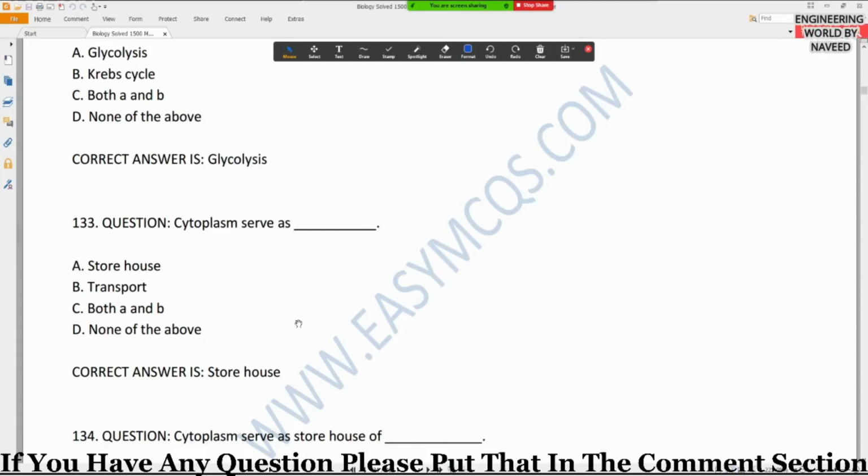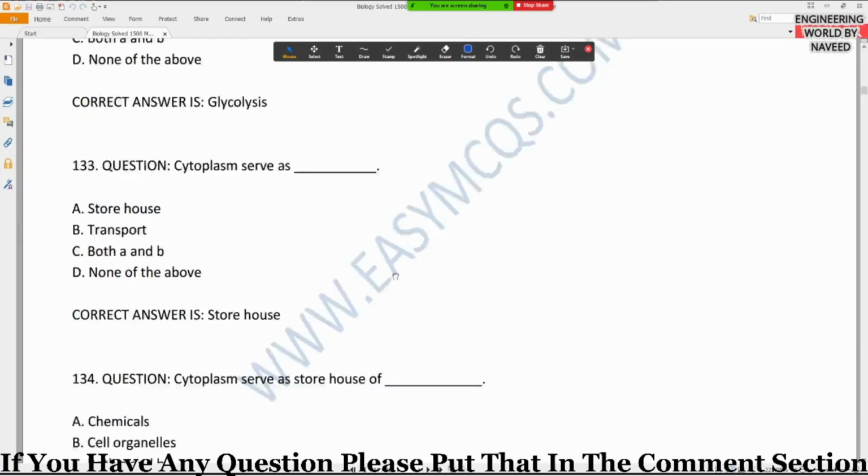Because cytoplasm contains vacuoles, and vacuoles are called the storehouse of the cell because they can store water, minerals, salts, nutrients, and so on. Vacuole is found in the cytoplasm, so that's why cytoplasm serves as the storehouse of the cell. So option A is the correct option, which is storehouse.